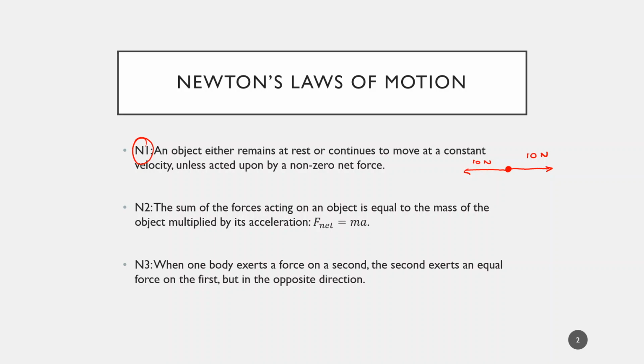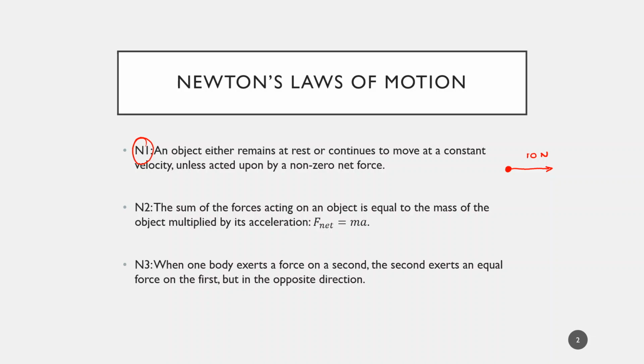When this happens, the object will remain at a constant state of motion, whether that is at rest, where it has zero velocity, or at some other velocity where it's moving, but that velocity wouldn't change. However, if we just applied one force, say a push towards the right, then the object is experiencing an unbalanced net force.